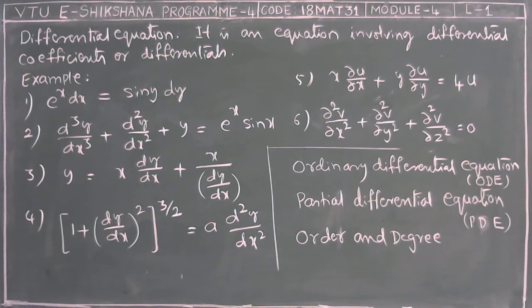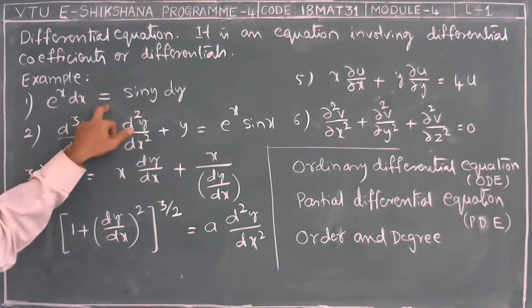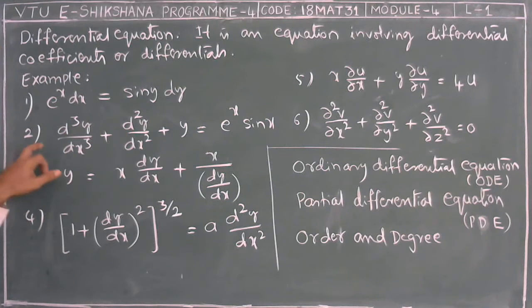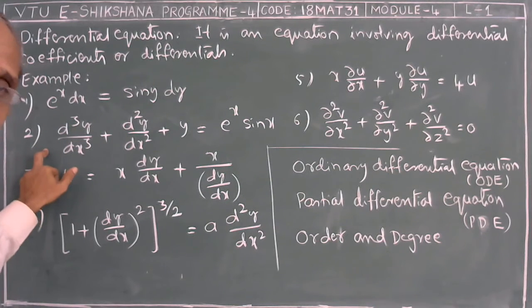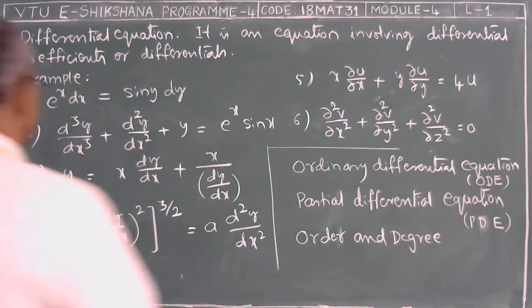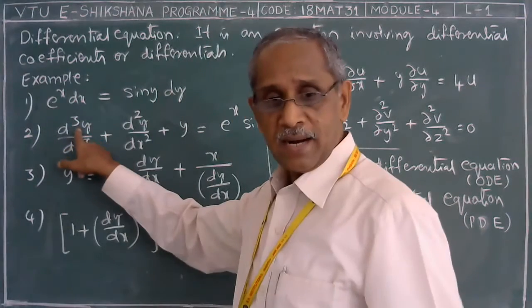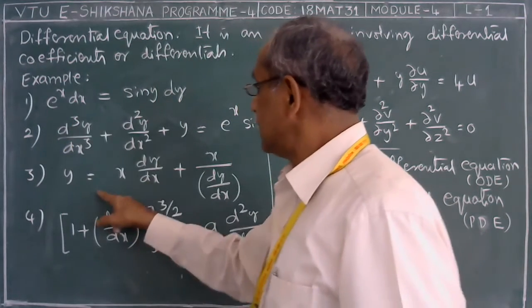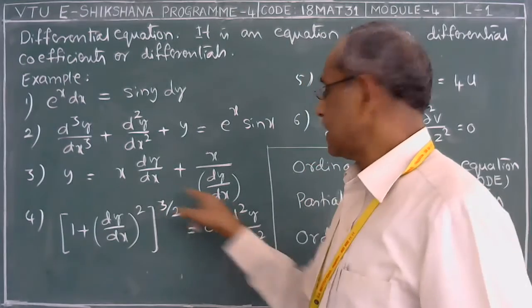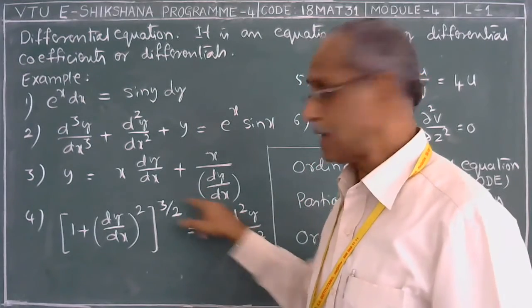For example, 1 is an ordinary differential equation of order 1 and degree 1. Example 2 is an ordinary differential equation of order 3 and degree 1. Example 3 contains a fraction, but that has to be removed.